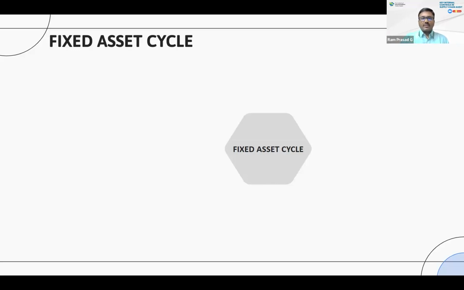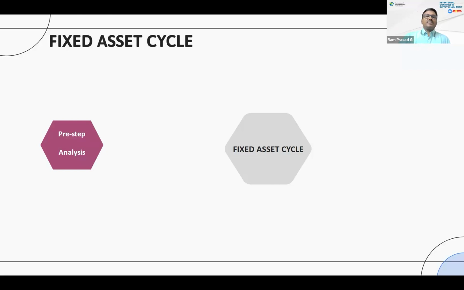So one is the process, and subsequently you can also have a look at some of the areas which need to be controlled. So first and foremost is the pre-step in any organization. Before we start on the fixed asset cycle, there are a certain number of processes.